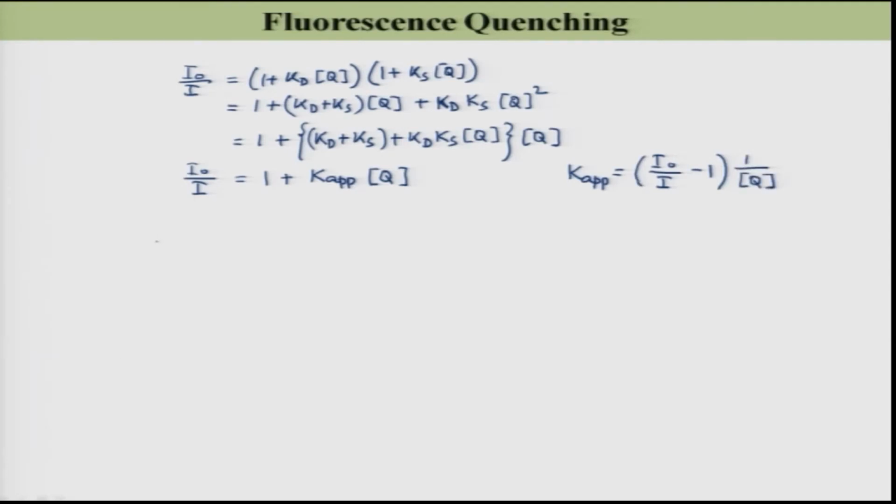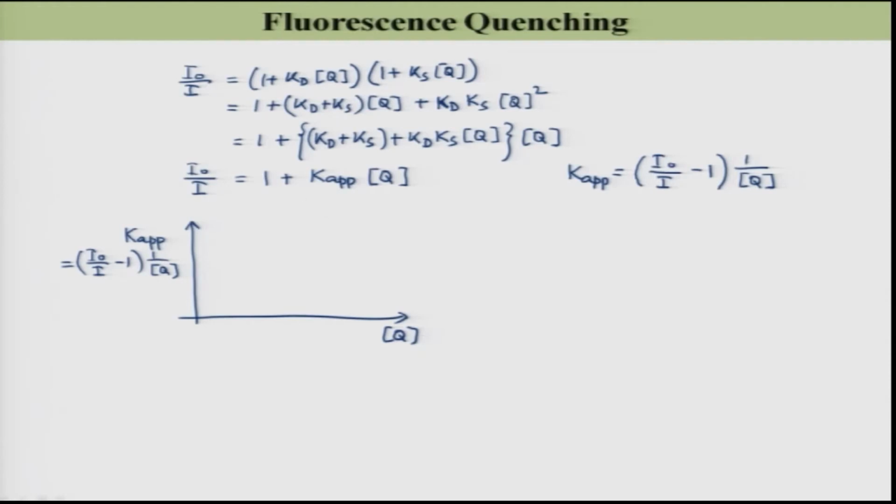So, now see, if I plot K apparent versus Q. What is K apparent? K apparent is I0 by I minus 1 into 1 over Q. So, if I plot K apparent versus Q, what I will get?